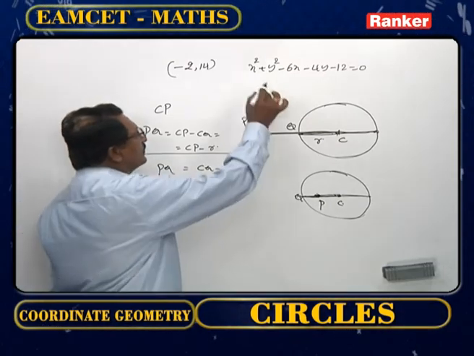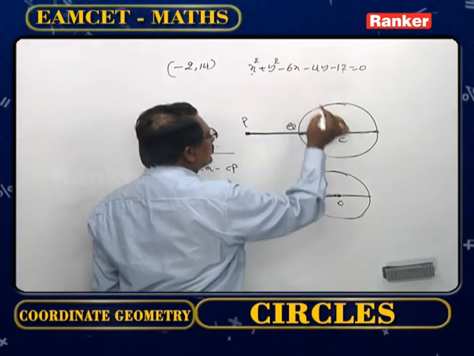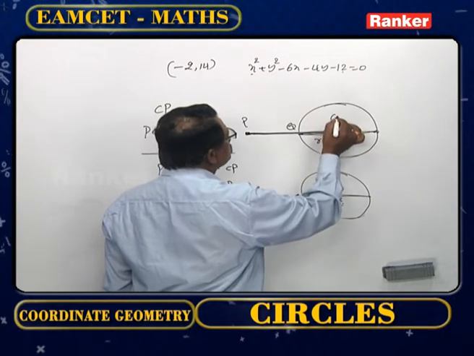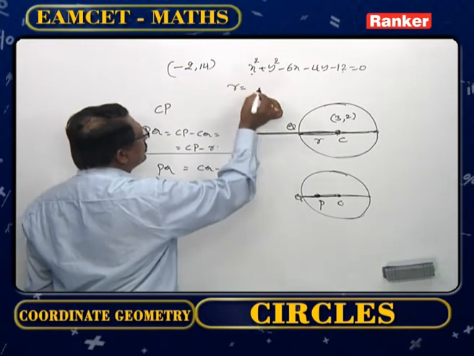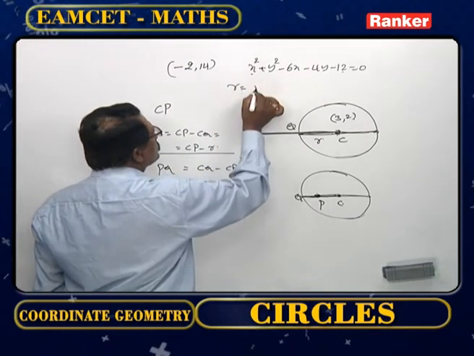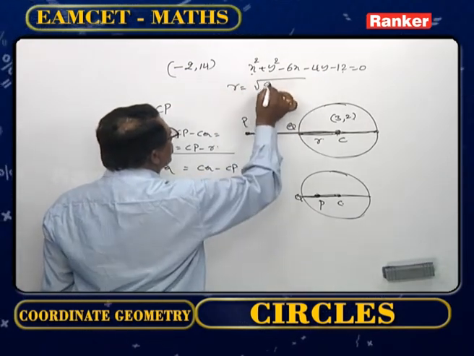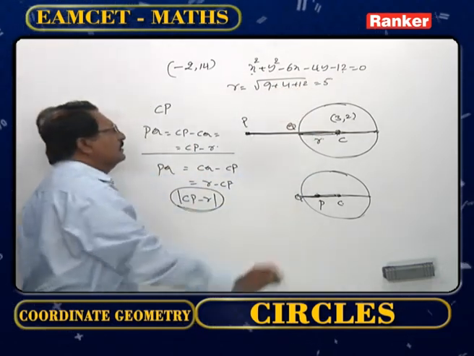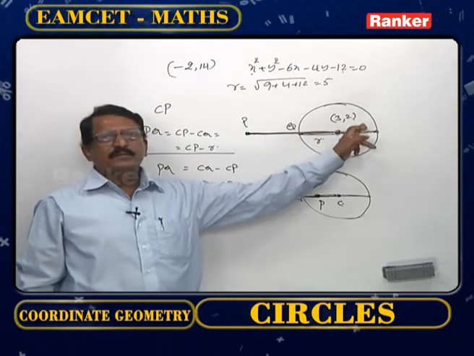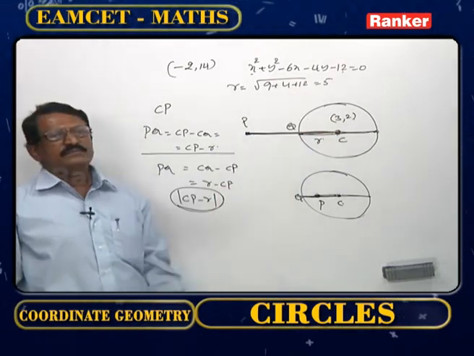Now the center of the given circle is C equals (3, 2), and its radius R equals square root of g square plus f square minus c, which is 9 plus 4 plus 12, that equals 5. So the center of the circle is (3, 2) and the radius is 5 units.